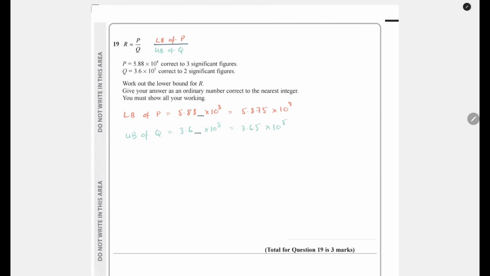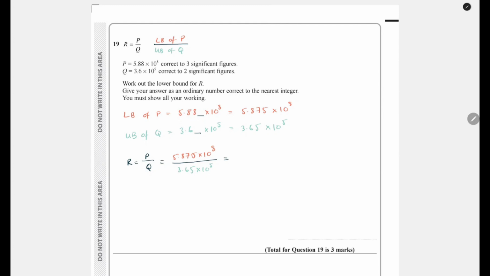We know that the equation for R is P over Q, and so we plug in our values. We have our lower bound of P, which is 5.875 times 10 to the power of 8, divided by our upper bound for Q, which is 3.65 times 10 to the power of 5.